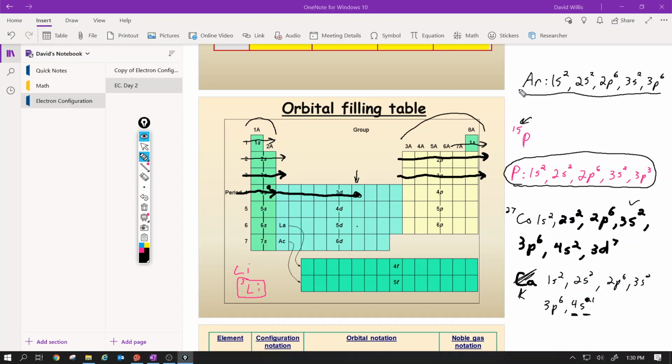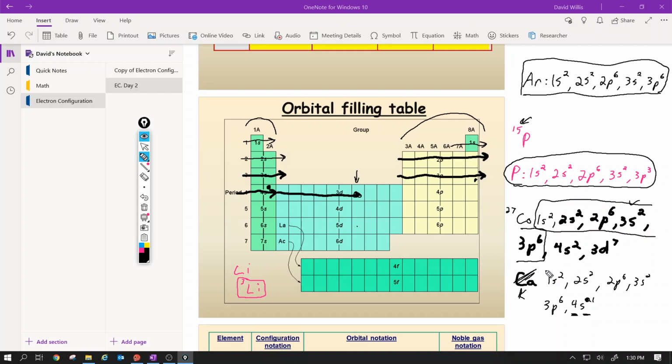You see how that is exactly the same as this? You see how filling argon up to there is the same as this part of cobalt?